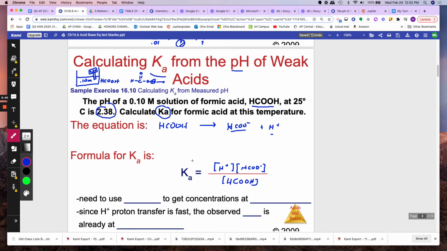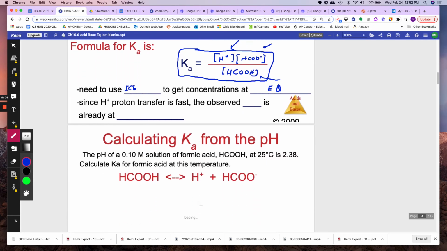So that's the formula to find Ka. So we have to use an ice box to get concentrations at equilibrium. Once we get the concentrations at equilibrium, we can plug them in here, and so we can solve for Ka.